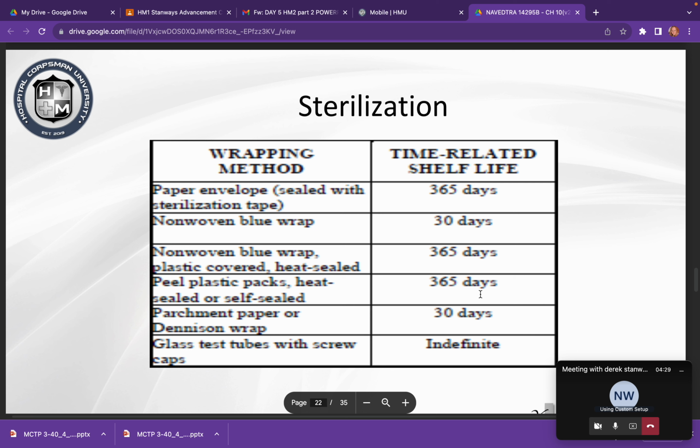Those are the peel packs you're talking about. Parchment paper or Denison wrap, 30 days, and glass tubes with screw caps are indefinite. So your big blue cassettes that come around are only 30 days. And if we want it to extend to a year, then we put that heat sealed covering over it.